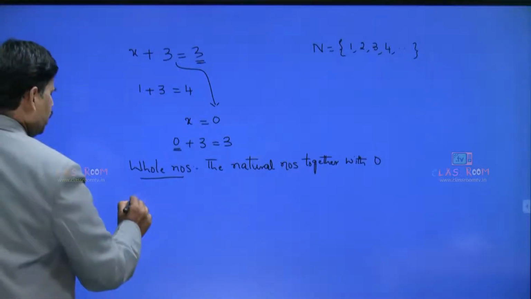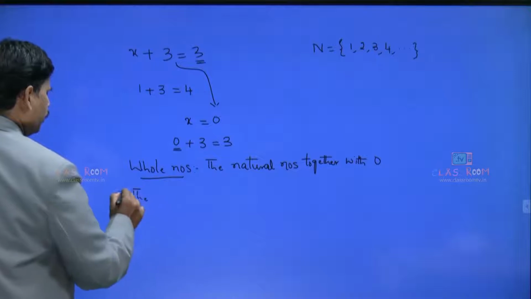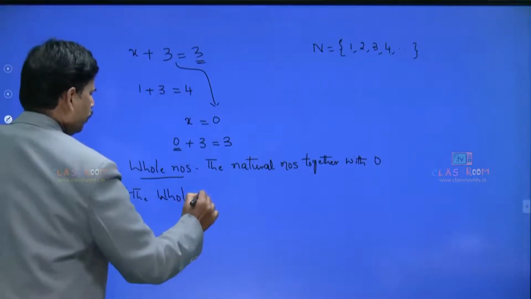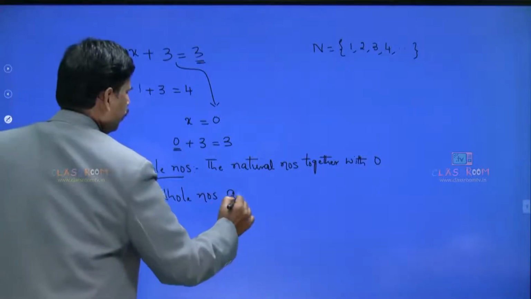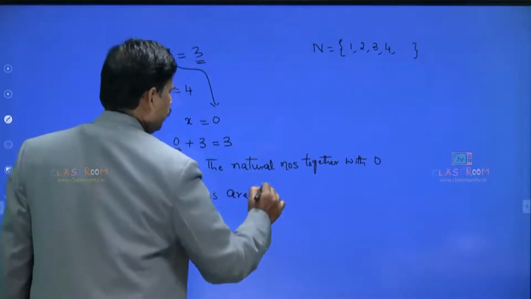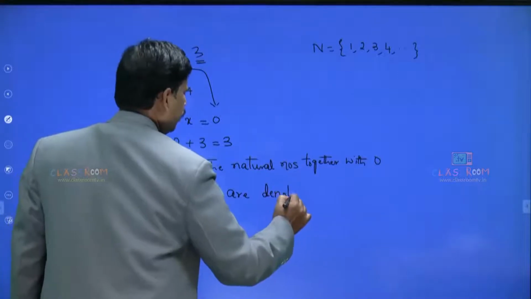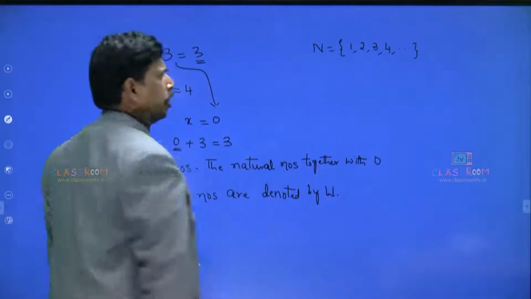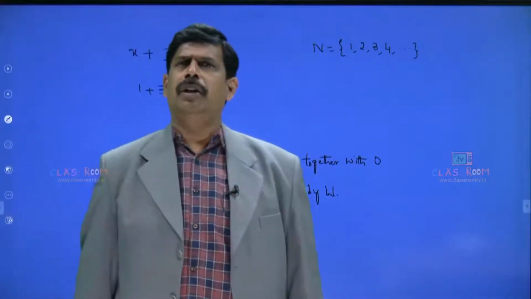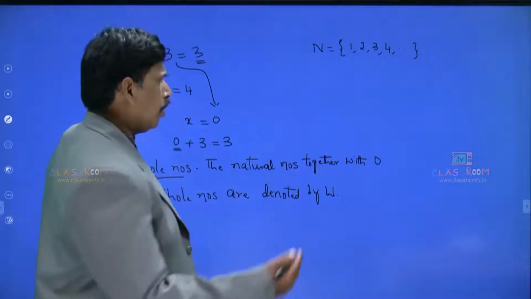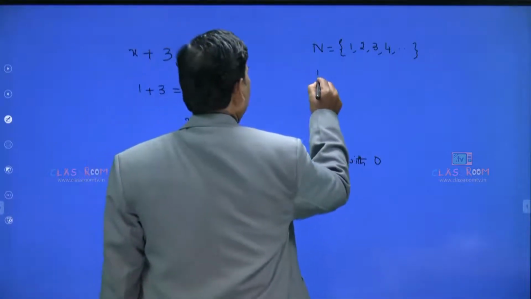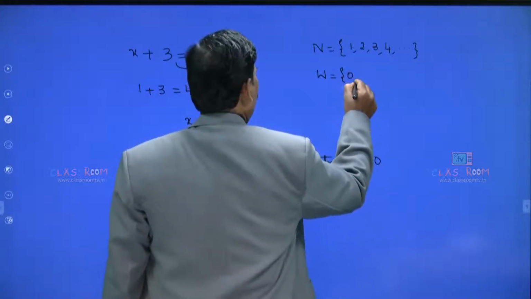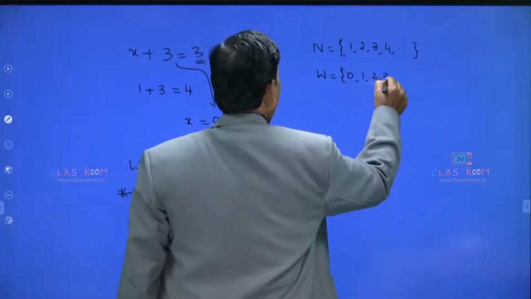The whole numbers are denoted by W. So the whole numbers start from 0 and have all the natural numbers.